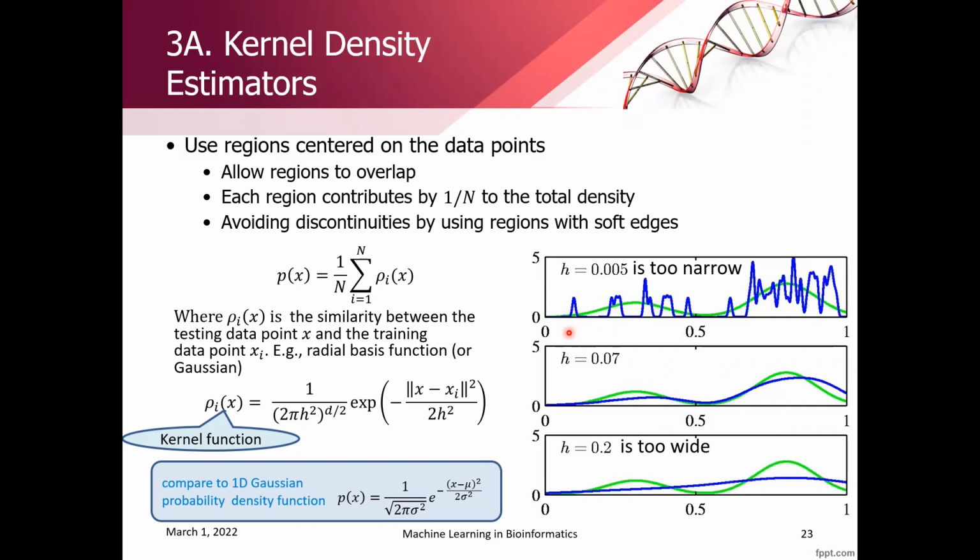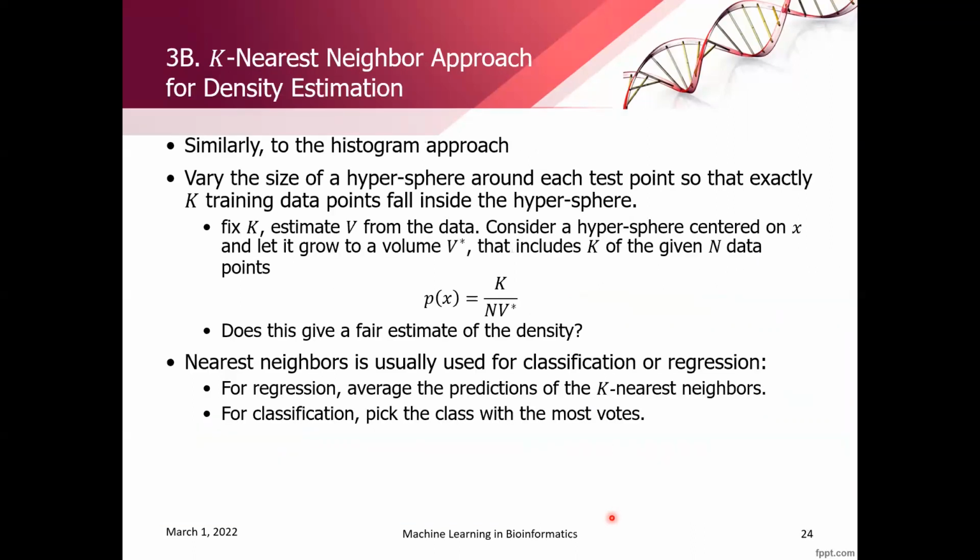If we increase the size for h, we can obtain an approximation which is quite similar to the desired density. And if we select h too big, then maybe we will miss completely the distribution. Okay. This was one approach, the kernel function.